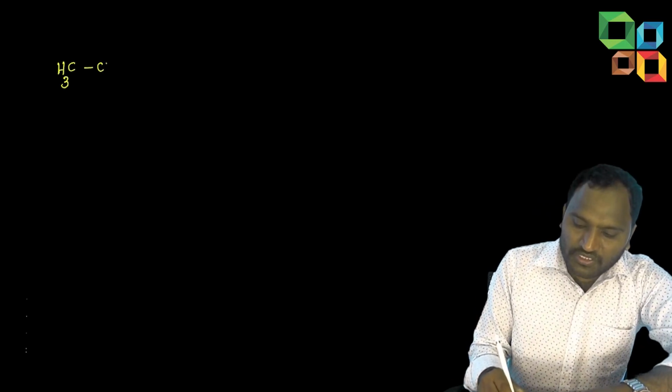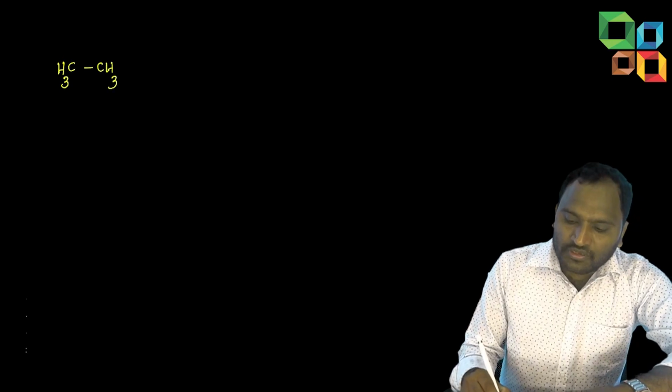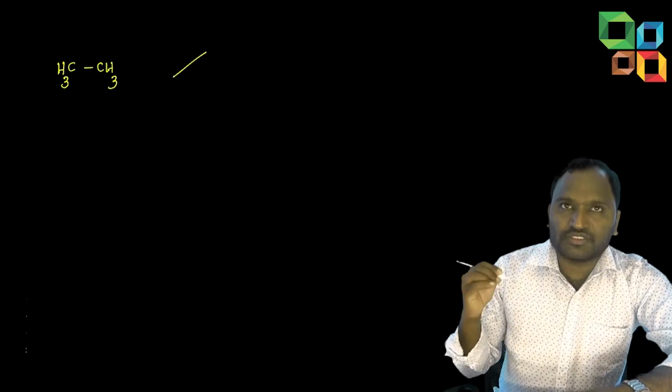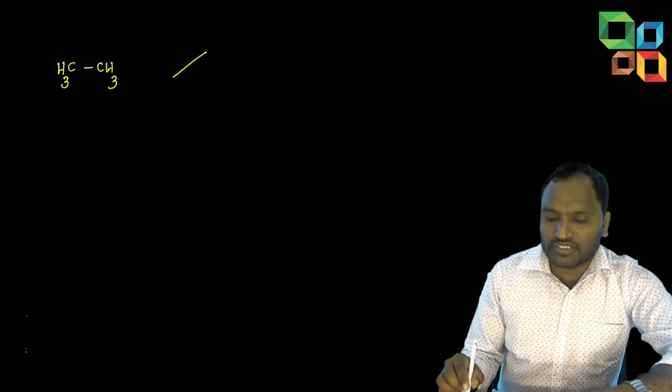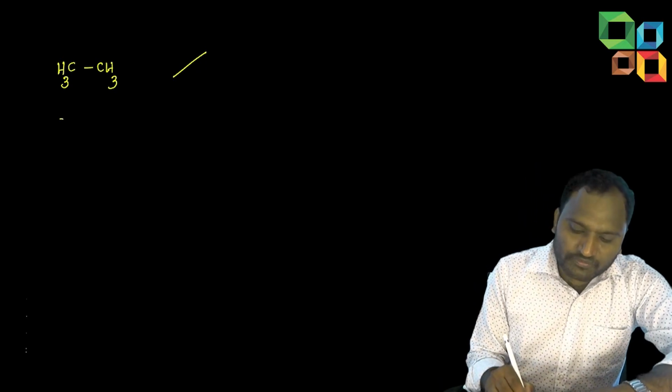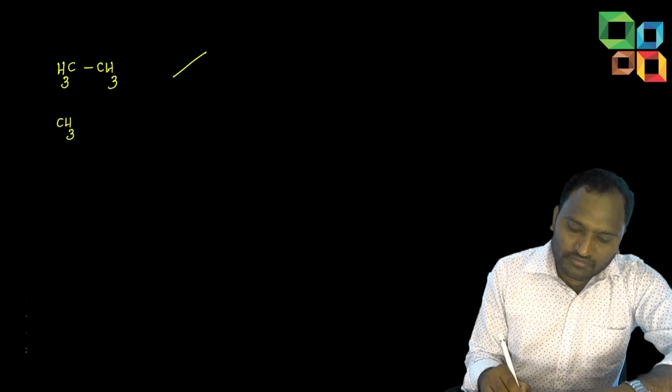Here only I will teach how to write line structure also. See here, CH3, CH3, ethane. So the line structure is like this. You can write it horizontally also. If it is propane, how to write, students?